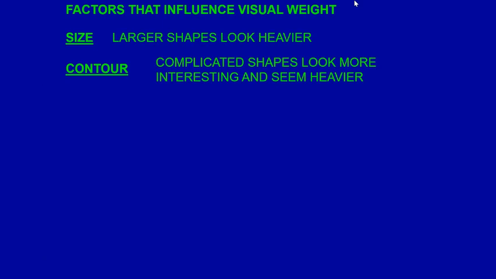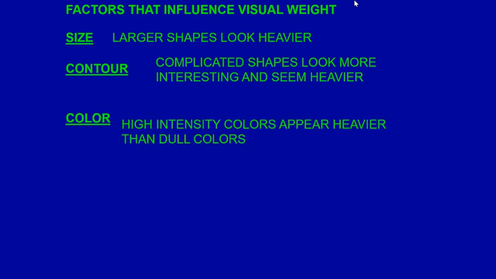Complicated shapes look more interesting and seem heavier, so the more complicated shape of the man and the cat grabbed our attention and balanced out the larger shape of the woman. The intensity of colors appears heavier than dull colors, so that man had more intense colors than the woman, and it grabbed our attention.